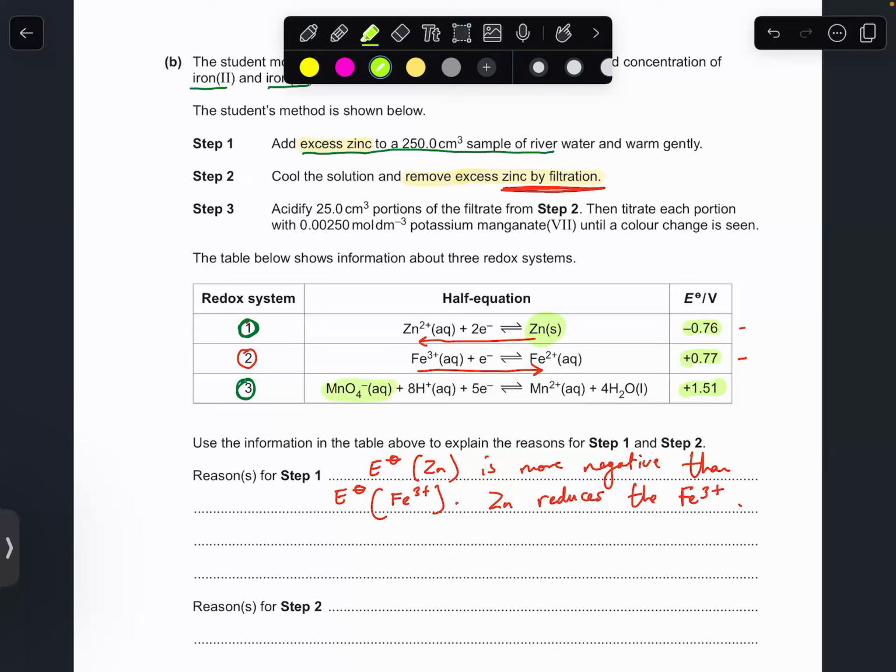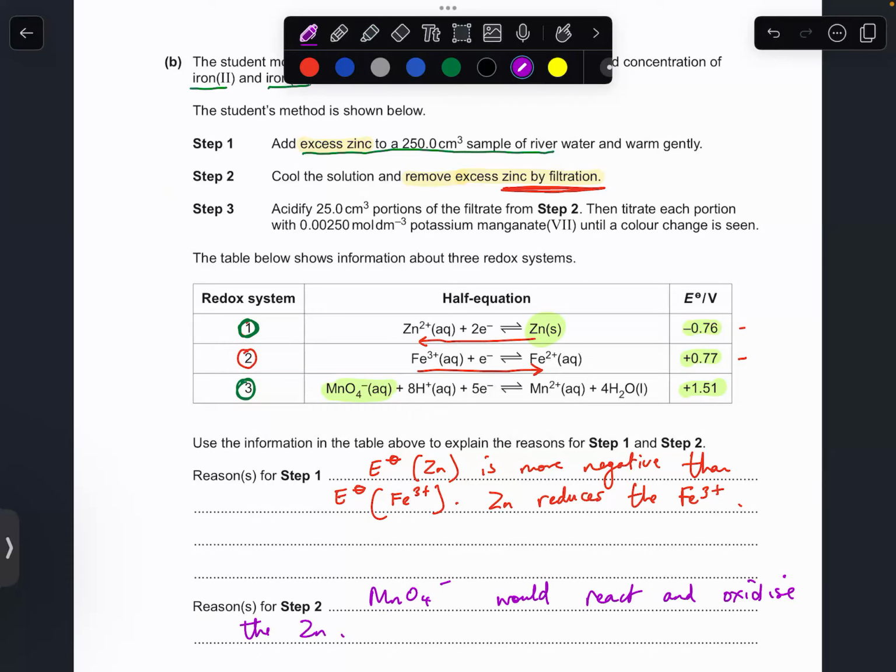And what will happen is that the MnO4 minus would react and oxidize the zinc.